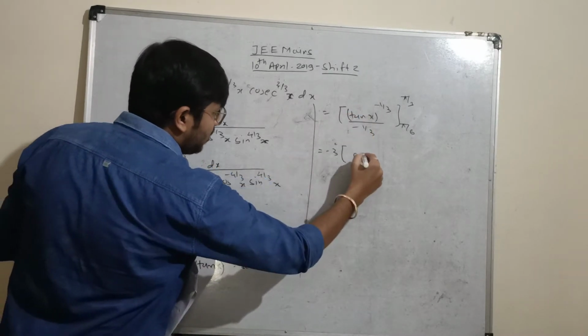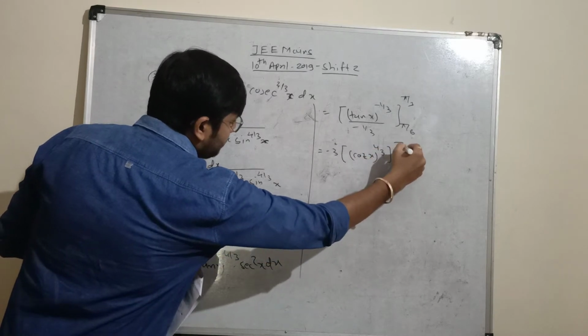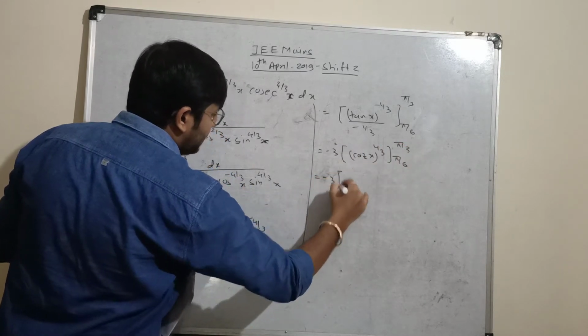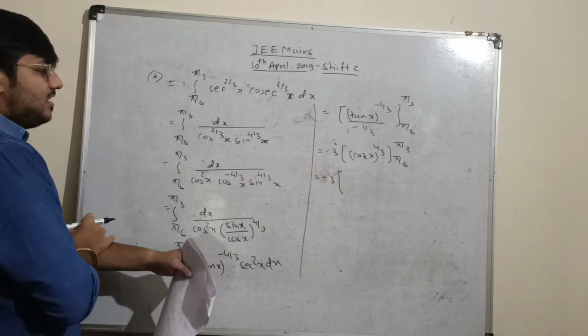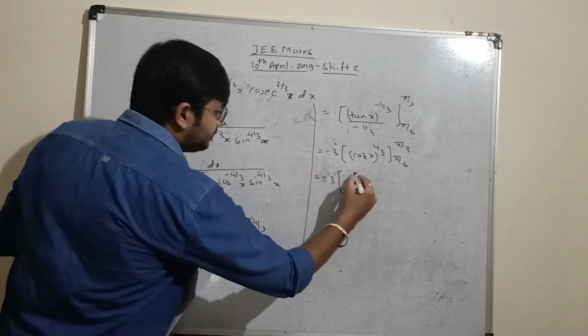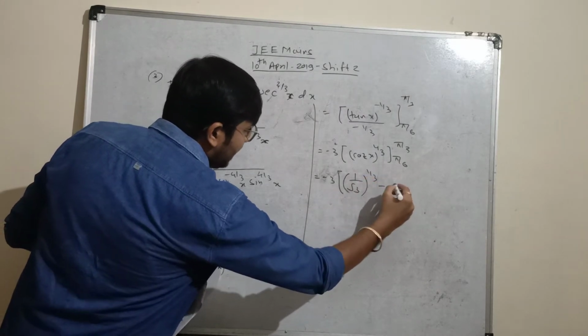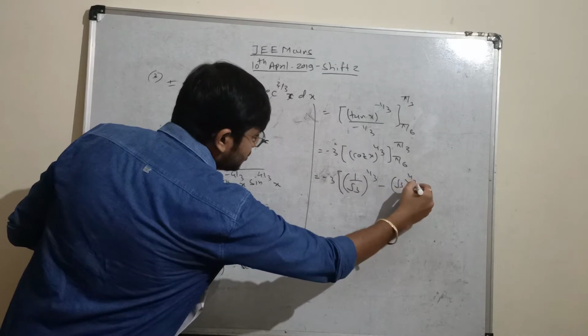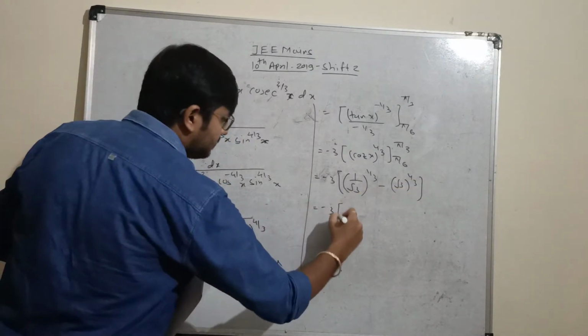So it will be cot x raised to 1 by 3 from pi by 6 to pi by 3, minus 3. Okay, if you put cot pi by 3, cot pi by 3 will be 1 by root 3. So it's 1 by root 3 raised to 1 by 3, and at pi by 6 it will be root 3 raised to 1 by 3. So now it's minus 3 times that.